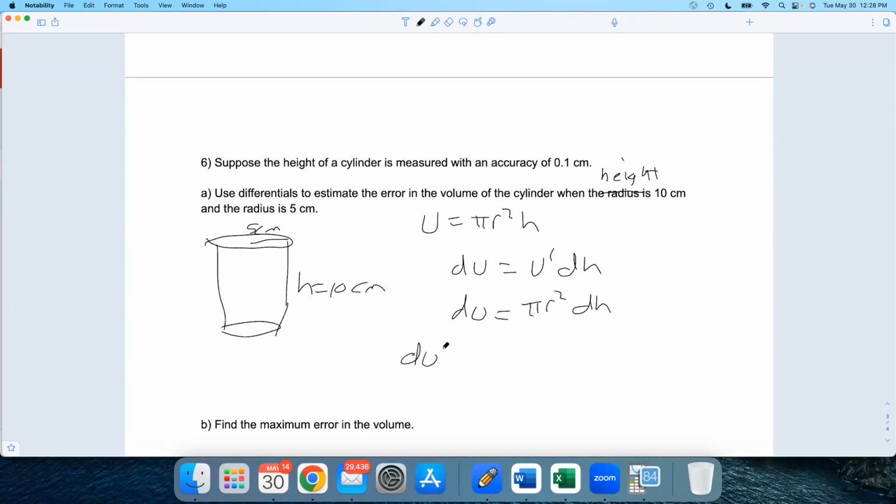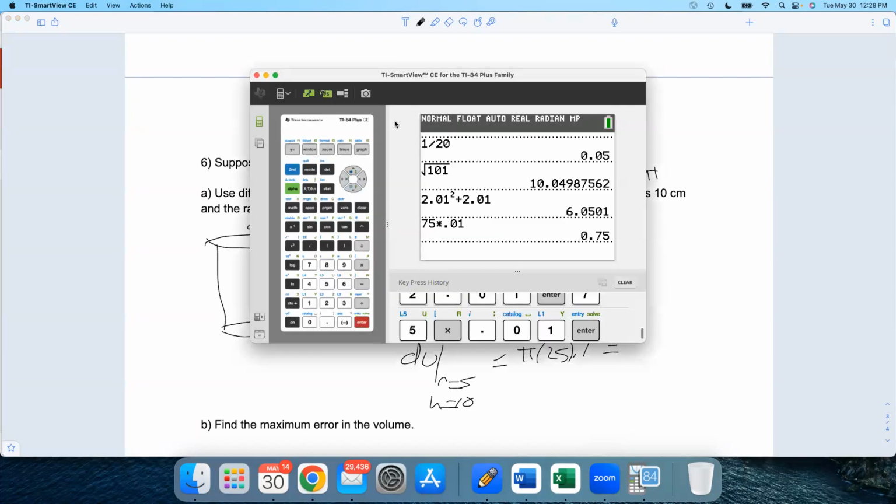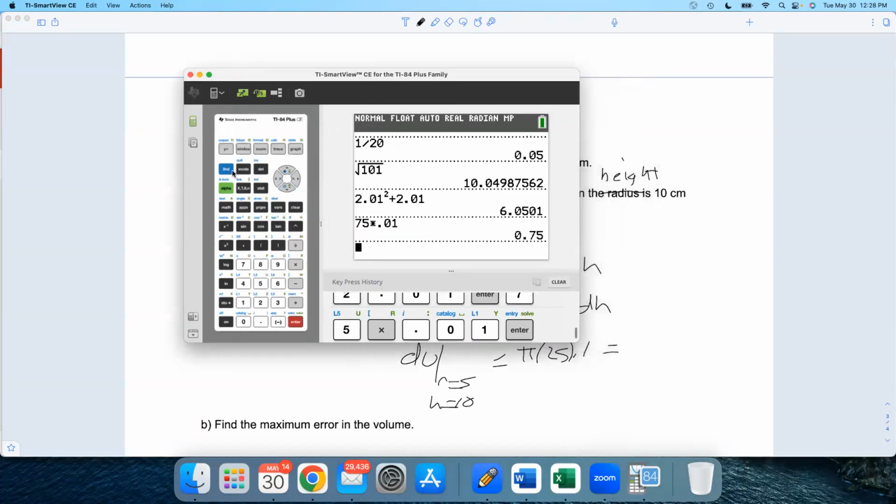So then dv evaluated when r equals 5, h equals 10 will be pi times 5 squared, 25, times the differential in h, 0.1. So let's throw that in a fancy calculator here.